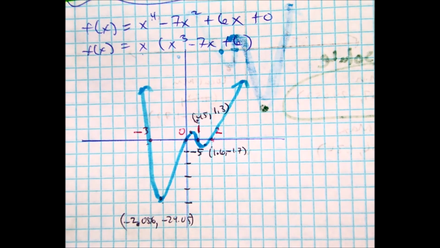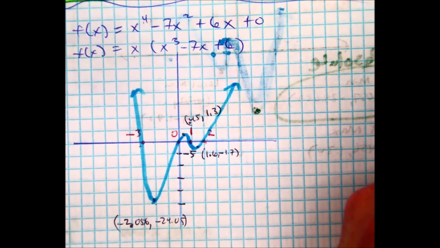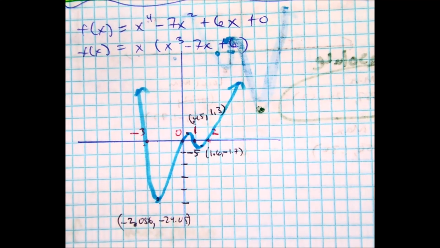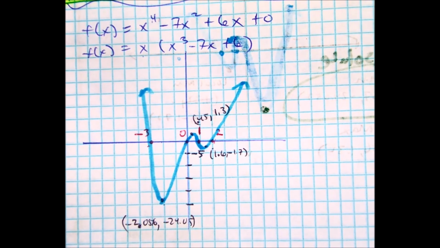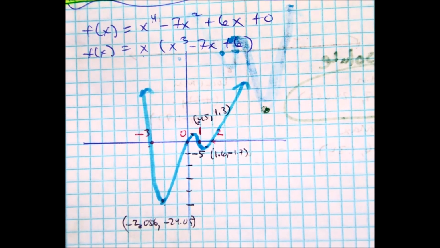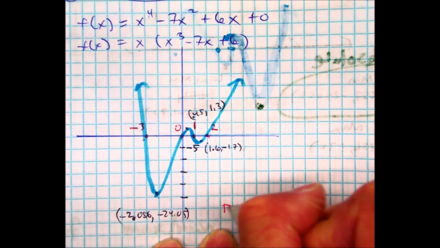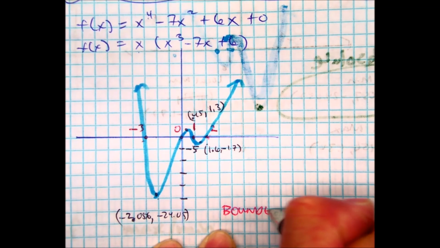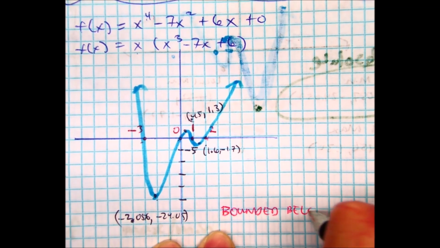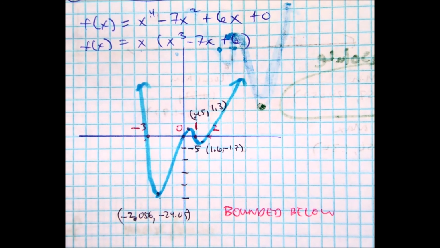And then the past couple of days we've been using some vocabulary words. Class, is this bounded? How is it bounded? So we can say bounded below. Continuous, discontinuous?